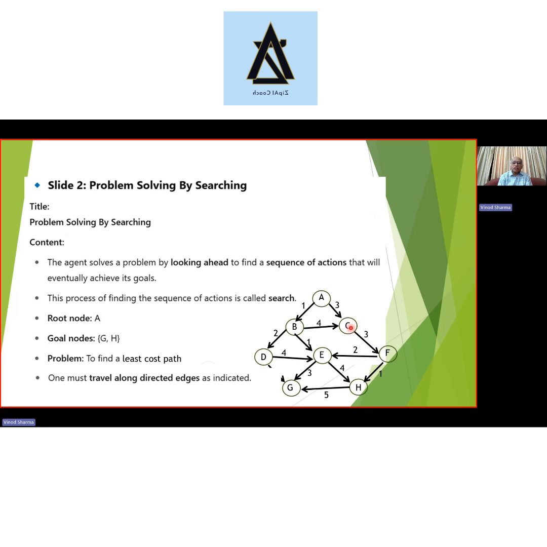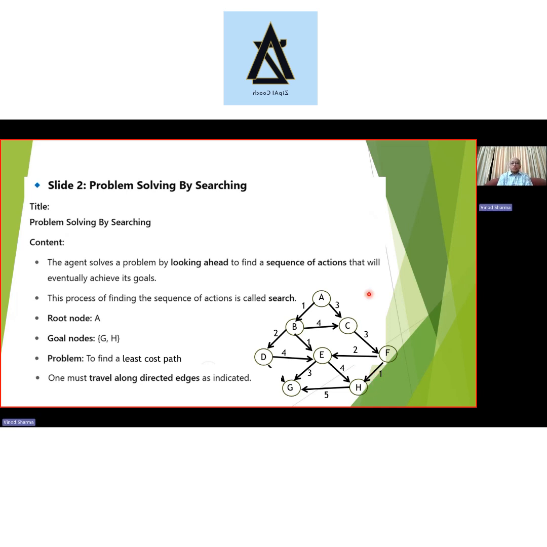The agent in state C, the only possible action it can take is this action, and it has a cost 3 associated with it. Once it takes that action, it reaches state F. When it is in state F, it can take two possible actions. One will take it to E, the other will take it to H, and the cost associated with this action is 2, and with this one is 1, and so on.